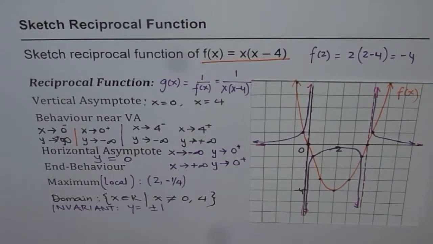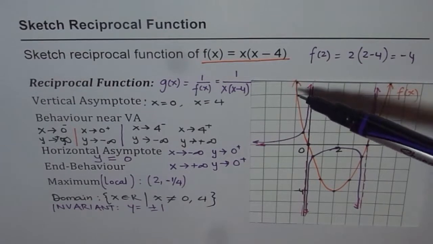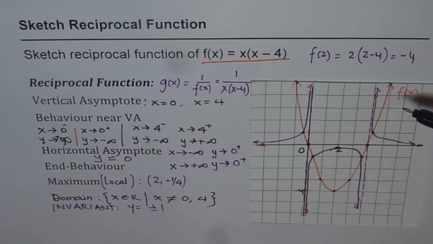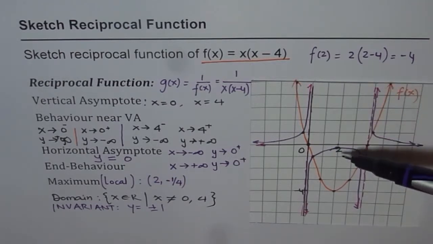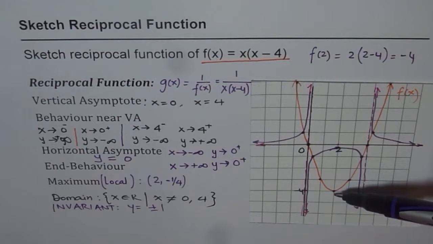I hope you get a fairly good idea about how to sketch the reciprocal of a function given a quadratic function. So we can go back and see what we did. First step is of course to sketch the parabola itself, the quadratic function. Important things which we should mark here are the x-intercepts and the minimum value in this case.